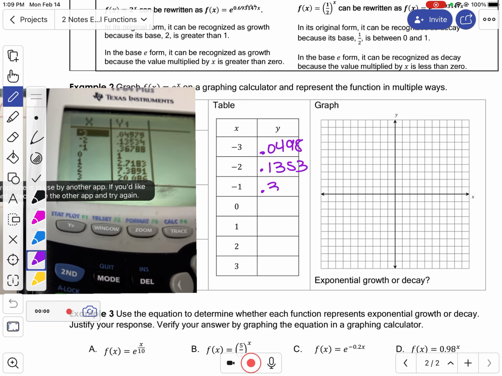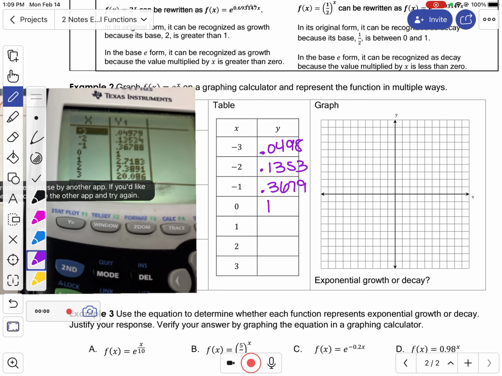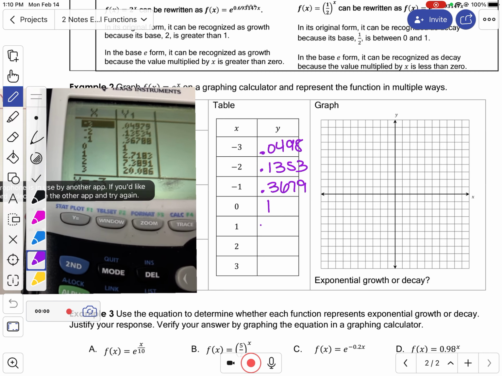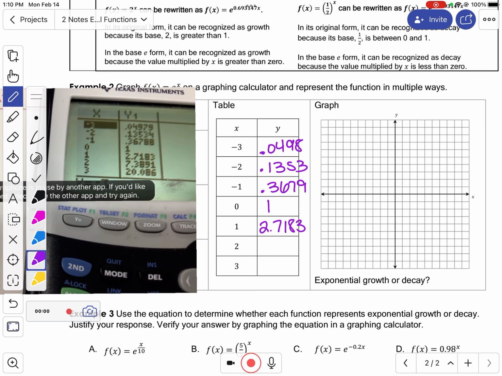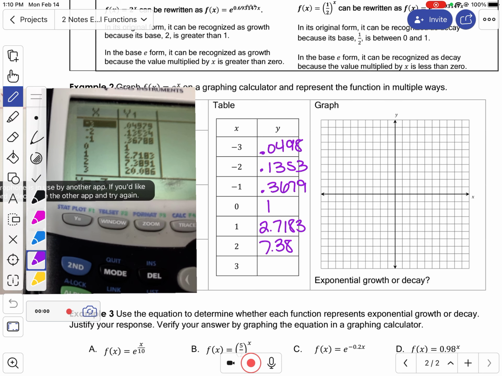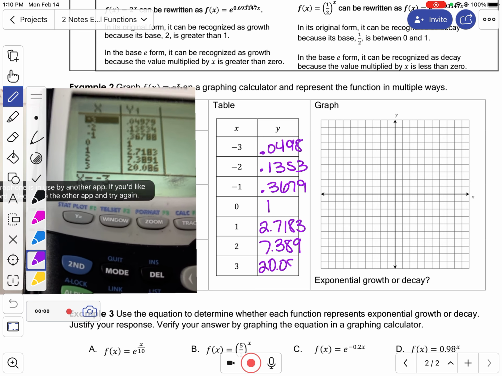And then 0.3679. 0 would be 1. 1 would be 2.7183. And then 7.389. This one's going to go off the graph. I'll go ahead and fill it in though.